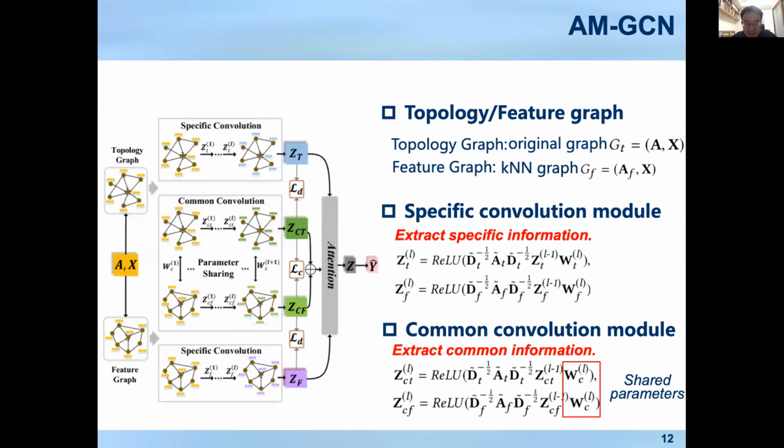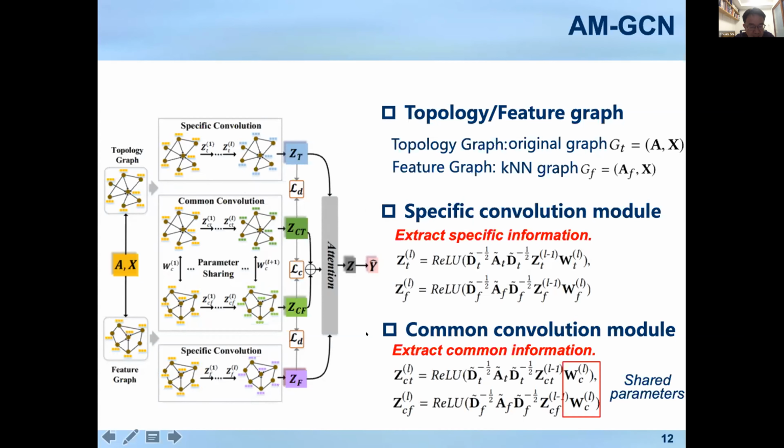Let's get more details. Firstly, in order to capture the structure from features, we construct a feature graph with the KNN distance of the features. Then we extract the specific information with a specific convolution module.